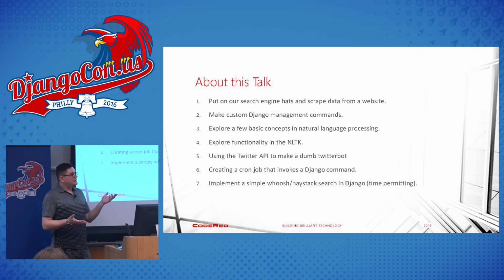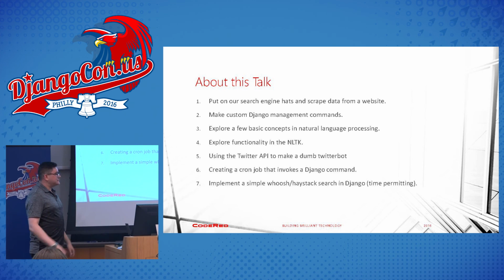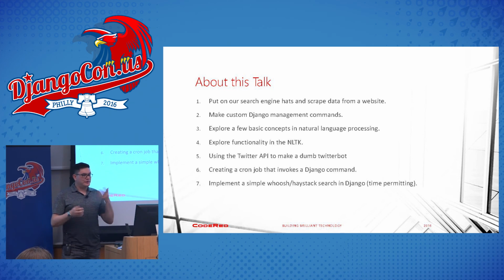So what we're going to look at in this talk is, first of all, we're going to put on our search engine hats and figure out how to scrape the data from their website and get it into our Django database, into our models. The second thing we're going to do is look at some Django management commands, which are pretty simple, but maybe new for a few people. They're very useful.